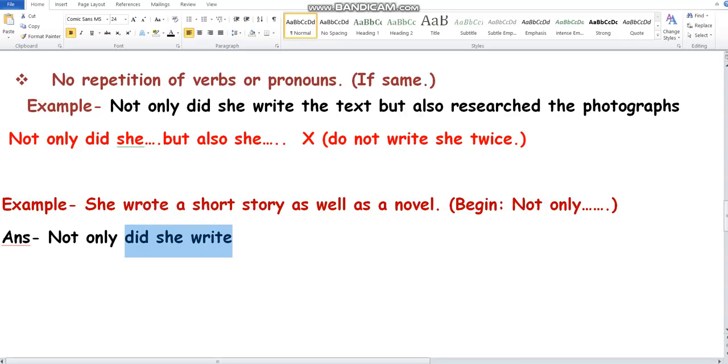So write and not wrote. Not only did she write a, the first thing that has been given in the question is short story. So it should be the first thing that you write in your answer. Not only did she write a short story, but also a novel.